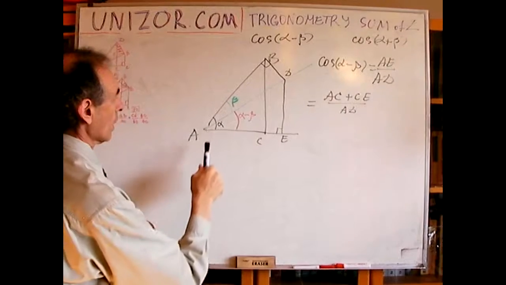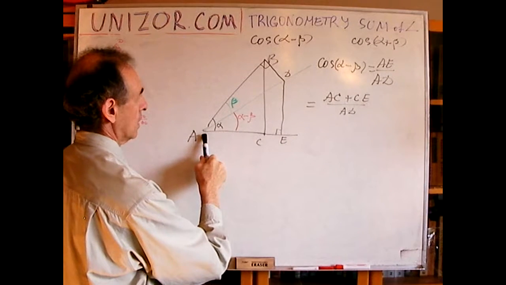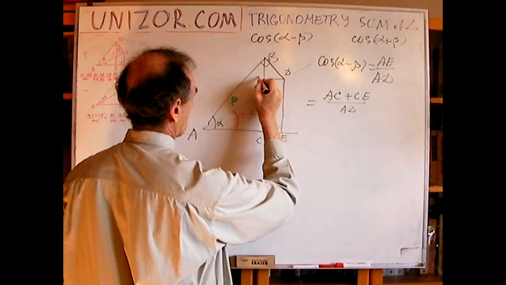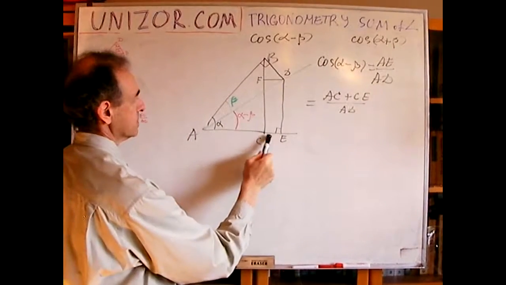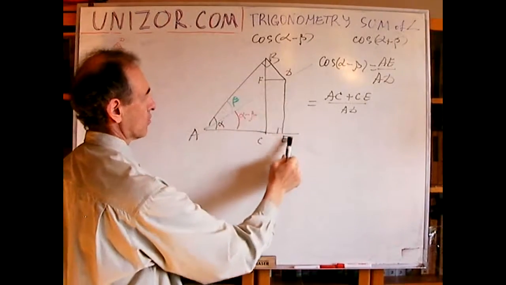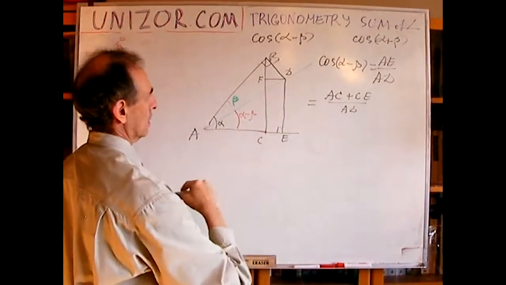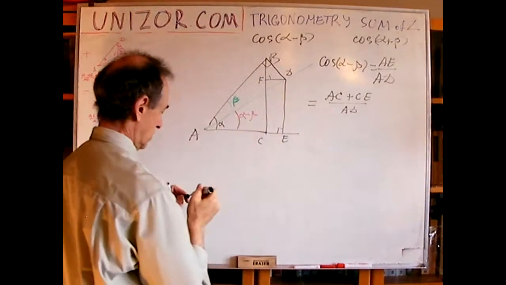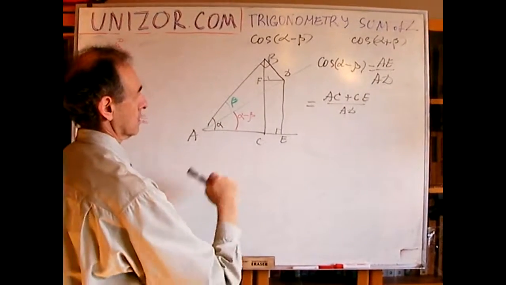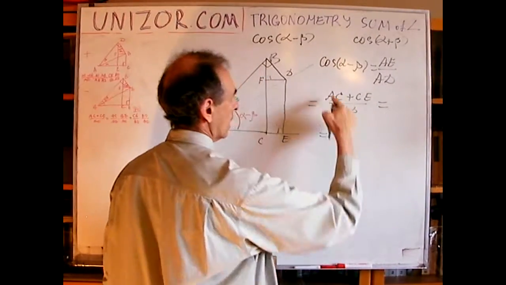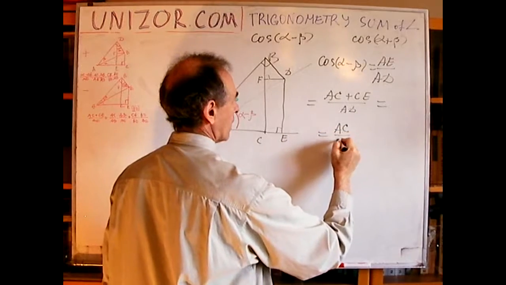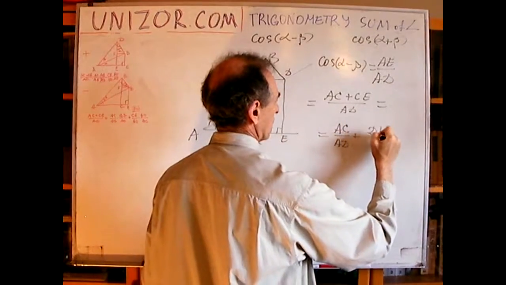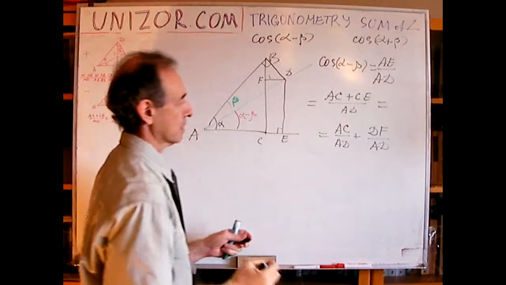Now, I will replace CE with FD because these are both perpendiculars and these are perpendiculars, and this is a perpendicular again because that's how I drew it, which means that this is equal to, and I will divide separately, AC over AD plus, and instead of CE I will use DF over AD. That's the same thing, right?